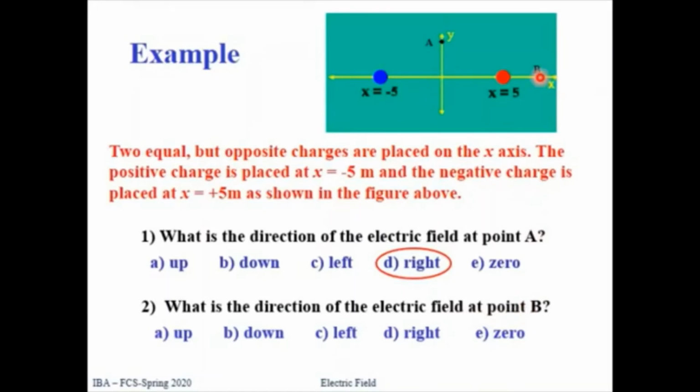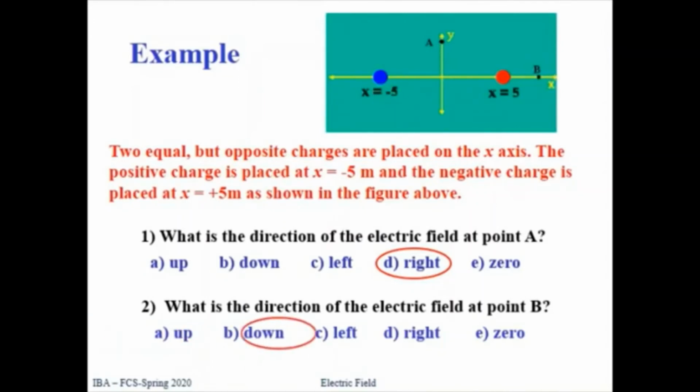Again, because this has the magnitude of a positive charge and this has the magnitude of a negative charge, if we need to find the direction at this point, we just need to add vectorially the magnitude and the direction from these two charges.